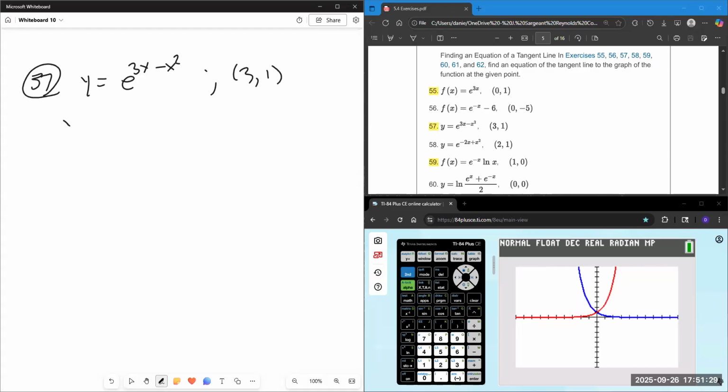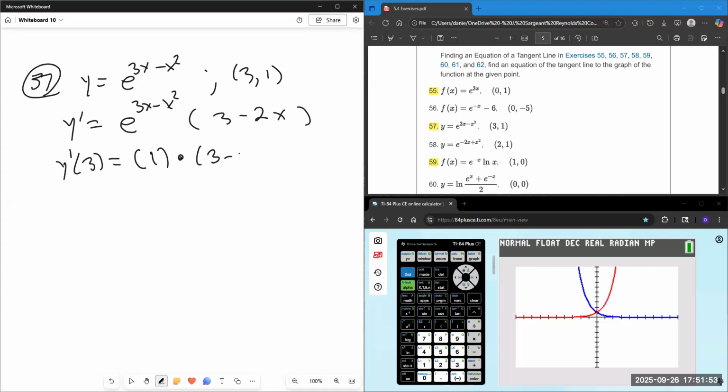And y prime is going to be, write this part down, multiply it by the derivative of the exponent, and then we'll evaluate that at the x value that's given. And we know that this piece is 1 times 3 minus 6 is going to be a negative 3 for our slope.